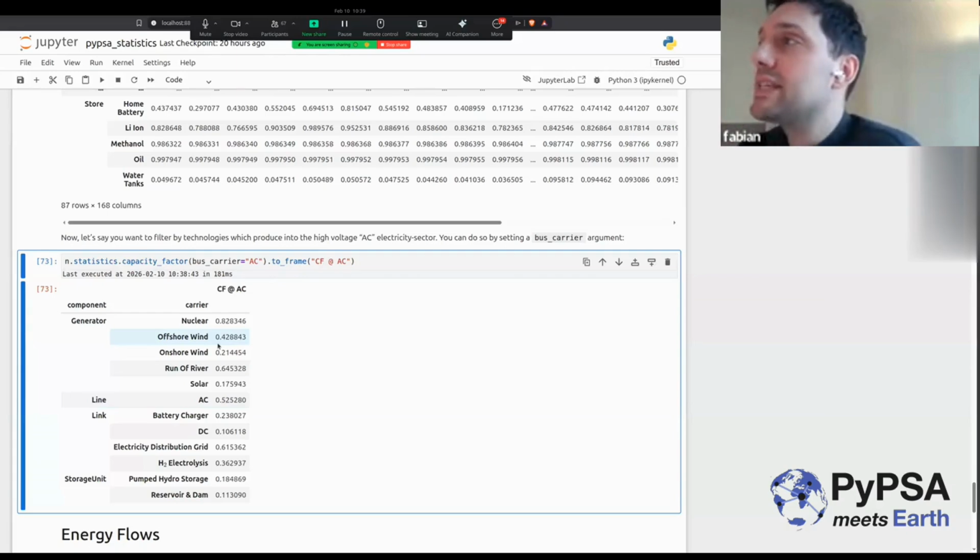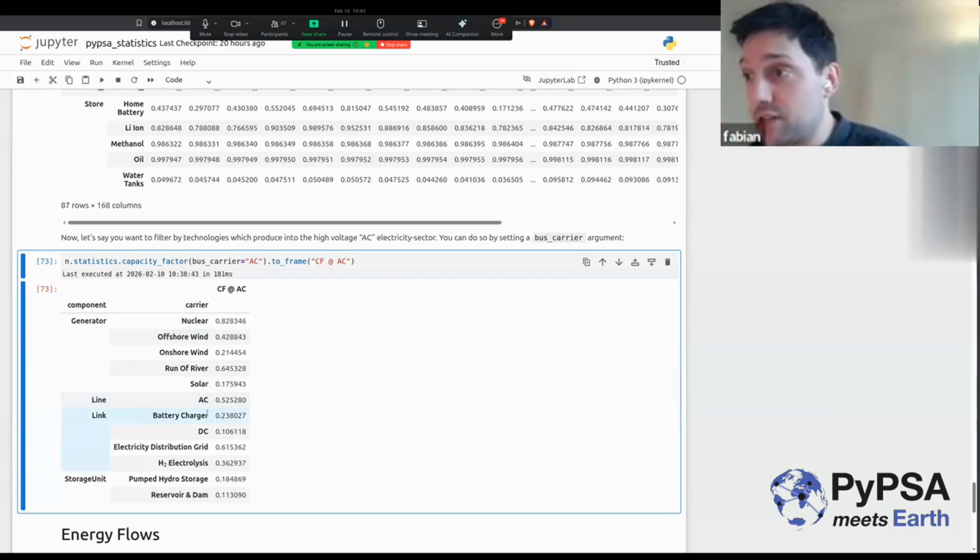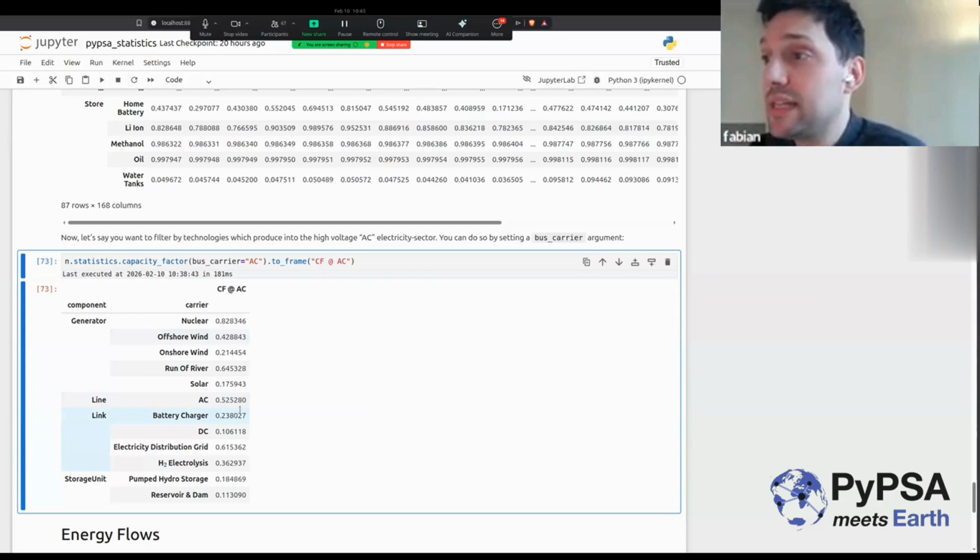That said, this example is just showing a week of this whole yearly optimization. So this might be quite a wind intensive week in the system. Then of course solar is also where we would expect it. It could be better, but probably it's not summer here. And then, of course, for all the transmission lines and the storage units that are attached via a link, we also see that the battery charger here is 23%, and all that stuff.